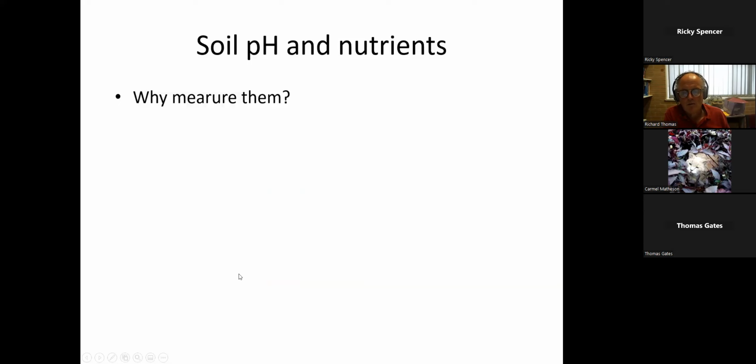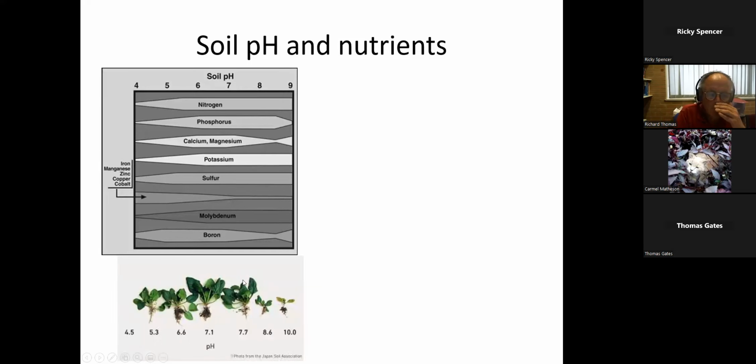Now, why measure the soil pH? The mobility of different ions depends on the pH. This one is showing you how mobile nitrogen is as nitrate. You will see that it's most mobile at high pHs. Phosphorus, likewise, is more mobile in the region of pH 6 to 8.